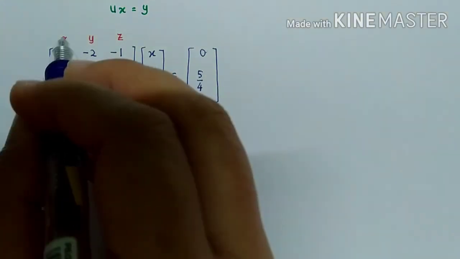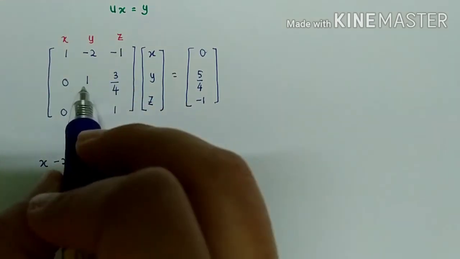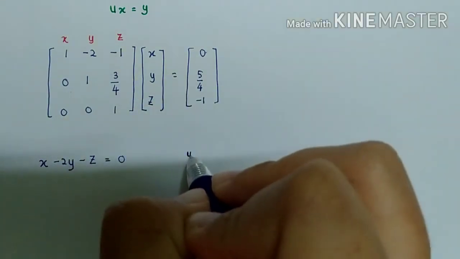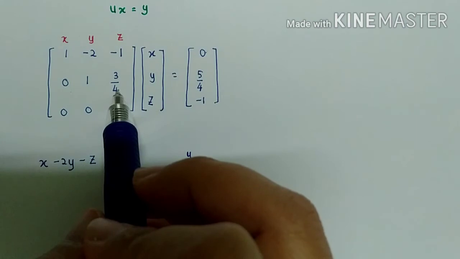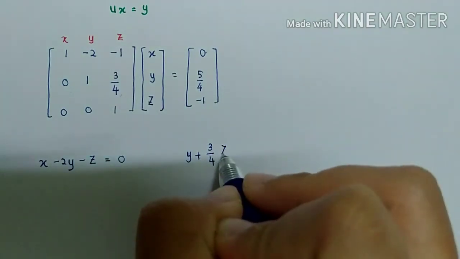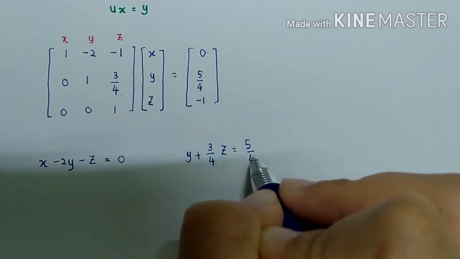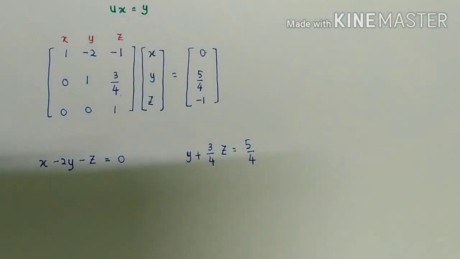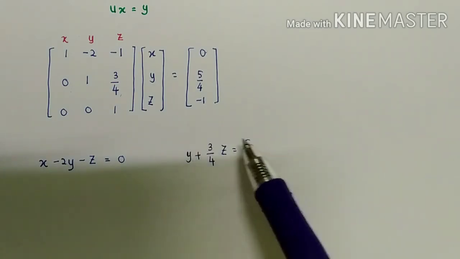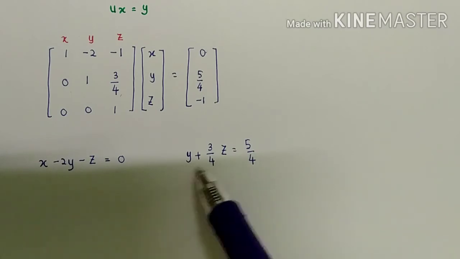So we have 0x, so we don't have to write x, plus 1y, so y, plus 3 over 4z equals 5 over 4. Here also we cannot solve this equation yet because we have 2 unknowns, y and z.